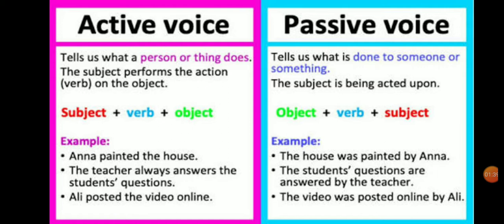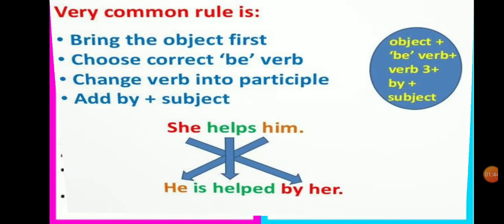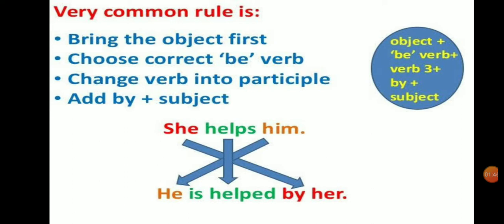And in the next slide, I will tell you one by one how you will change active into passive. Here are some common rules that you should follow to change any sentence into passive voice. First, as I told you, the subject of active voice will become the object of passive voice, and the object of active voice will become the subject of passive voice.